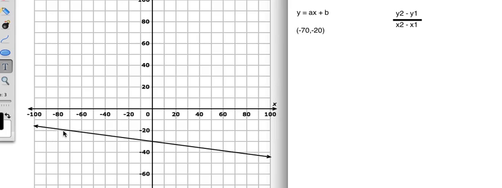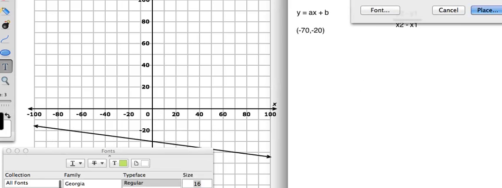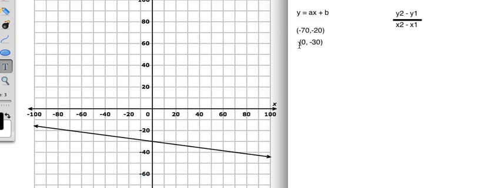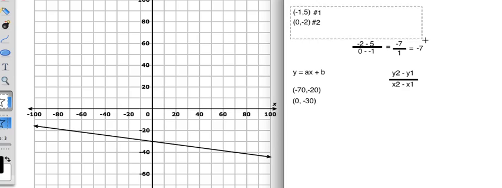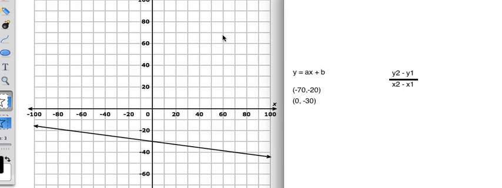And then I see I've got another point right here. 0 for x, negative 30 for y. Let me do that. 0 for x, negative 30 for y. Place that right there. Okay, got my 2 points. Now I do y2 minus y1 over x2 minus x1. Clear these away up here. So what's my y2?